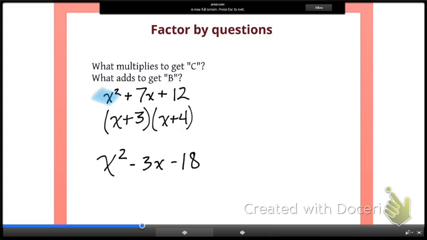But negative 6 and positive 3 multiplies to get negative 18 and also adds to get negative 3. So we'd have x plus 3 as our first factor and x minus 6 as our second factor. So these are the questions that you ask: what multiplies to get your third term or your C term, and what adds to get your B term.